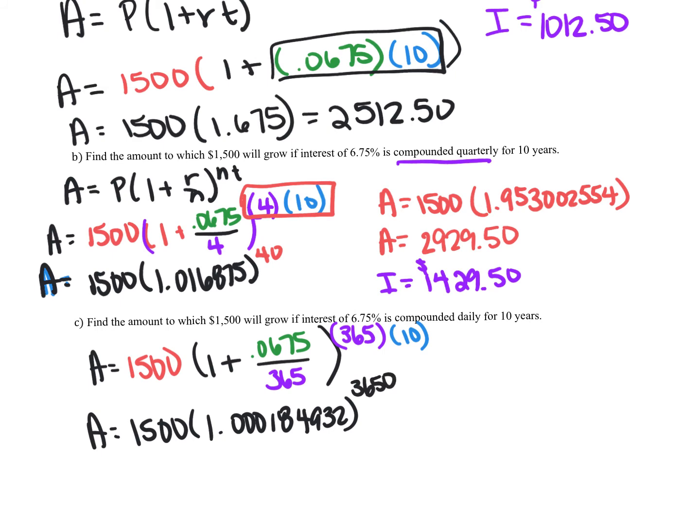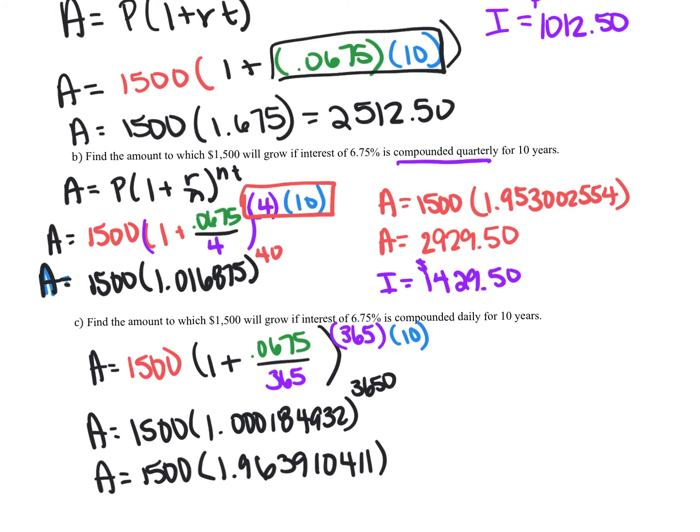So when I take that number that I just got right there, and I raise it to the 3,650th power, I get this number here. So A is equal to 1,500 times 1.963910411.